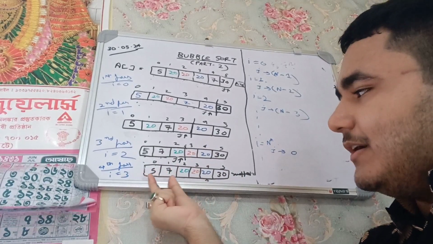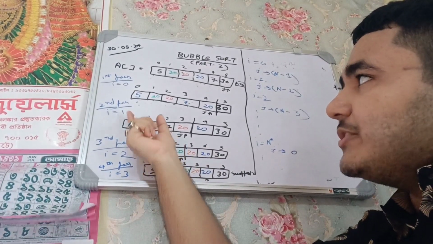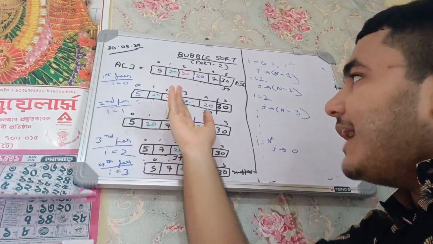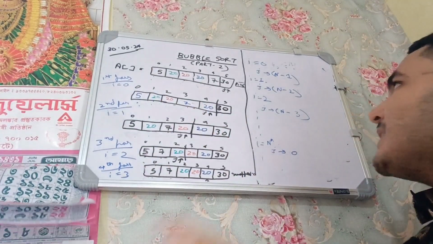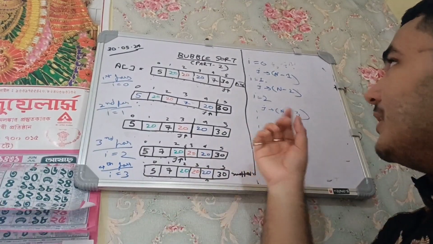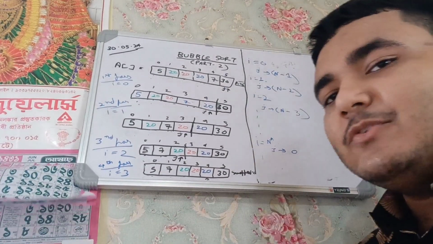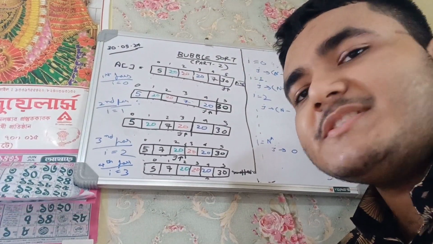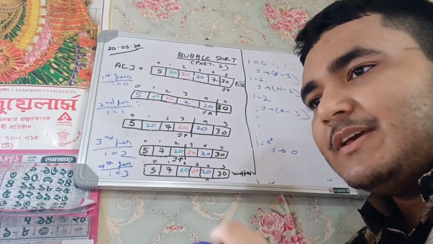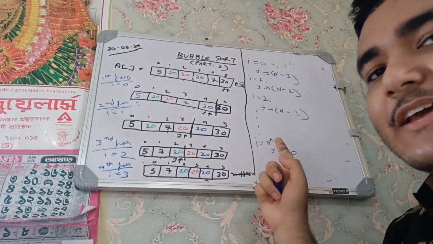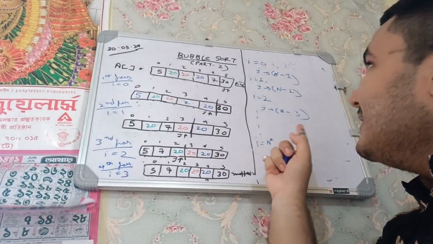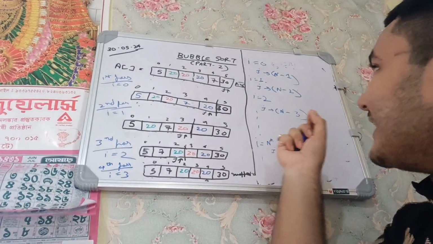Say up to this portion of the array is sorted, from index 1 to the last portion is sorted. Suppose the value of n is 11. So first j moves 11 minus 1, that is 10 times.